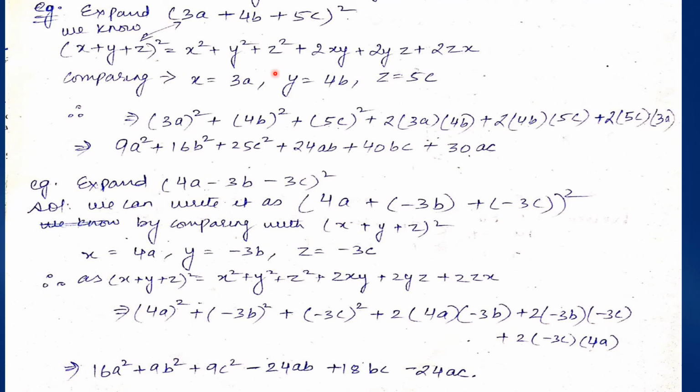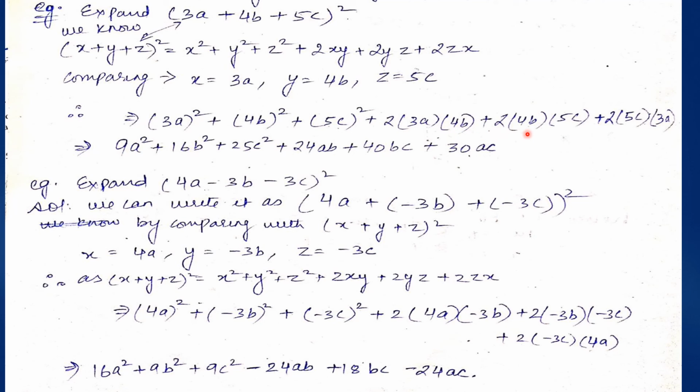Not at all difficult. See, I have compared and got these values. Now just put the values. What is x? (3a) whole square. What is y? (4b) whole square. What is z? (5c) whole square. Just put in brackets, make sure. Then we have 2xy, therefore 2 into x is 3a, y is 4b, plus we have 2yz.